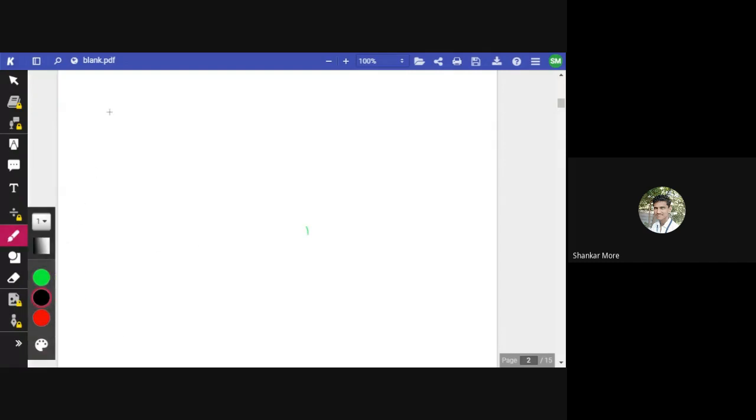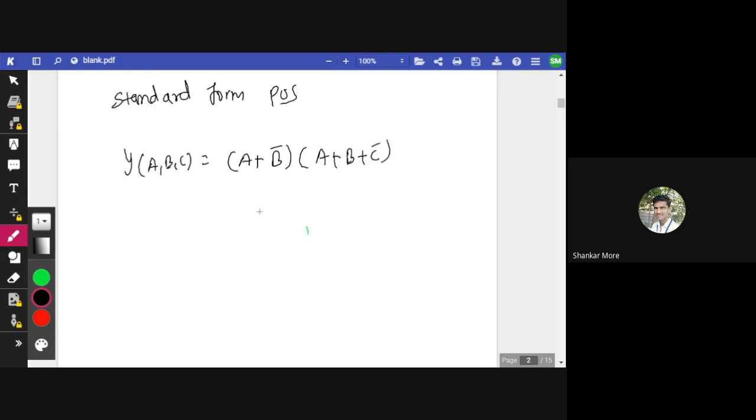Now we will look at the standard form of POS. So we have one example here: A plus B bar into AB plus C bar. It's very easy. We just have to add AB bar plus C into C bar, and then we have A plus B plus C bar.